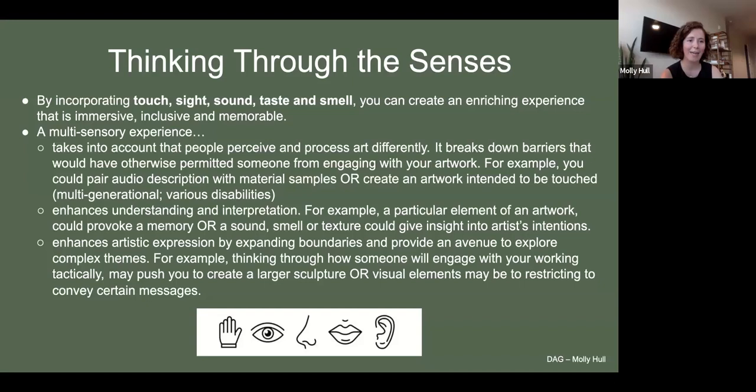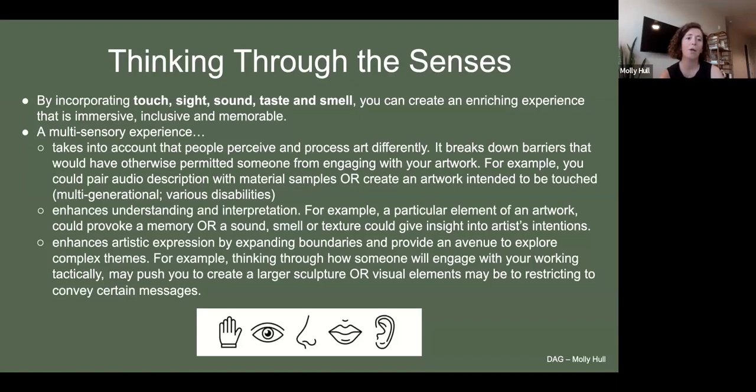By incorporating these 5 senses, you can begin to create an enriching experience that is immersive, inclusive, and memorable. A multi-sensory experience takes into account a number of things. For example, it takes into account that people perceive and process art differently. It breaks down barriers that would otherwise prevent someone from engaging with your artwork.